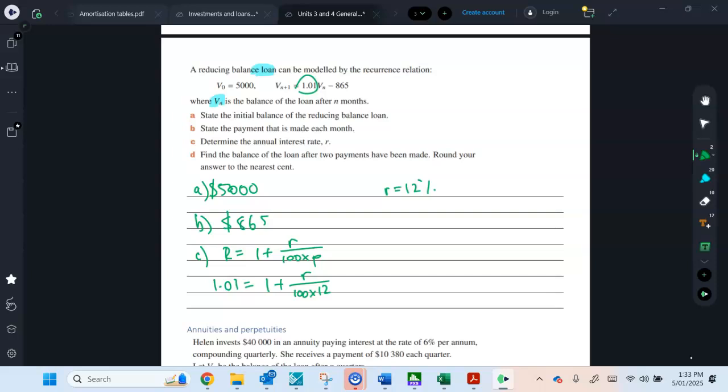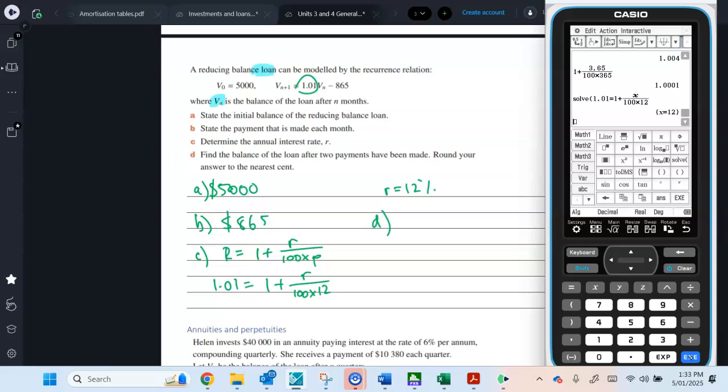Find the balance of the loan after 2 payments have been made. We only have to make 2 payments, so you could probably just do it on this screen. I'm just going to use recursion. So 1.01 times 5,000 minus 865. That's after 1 month. And then we do the same thing again.